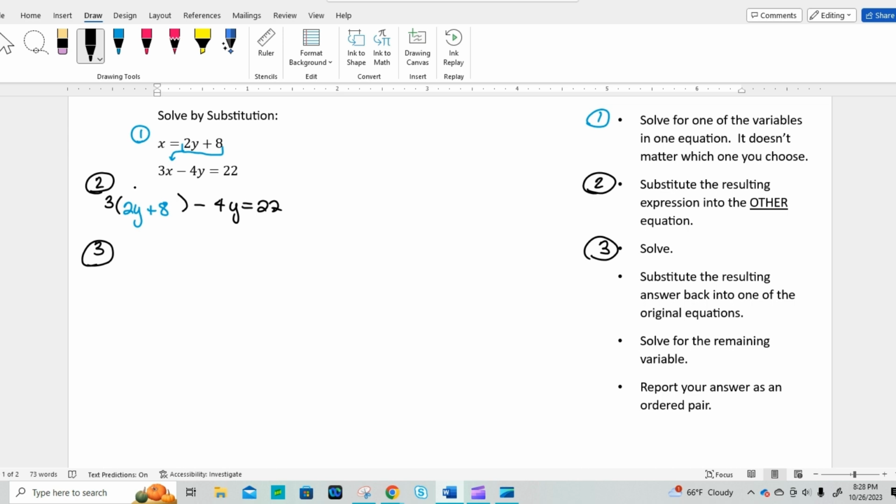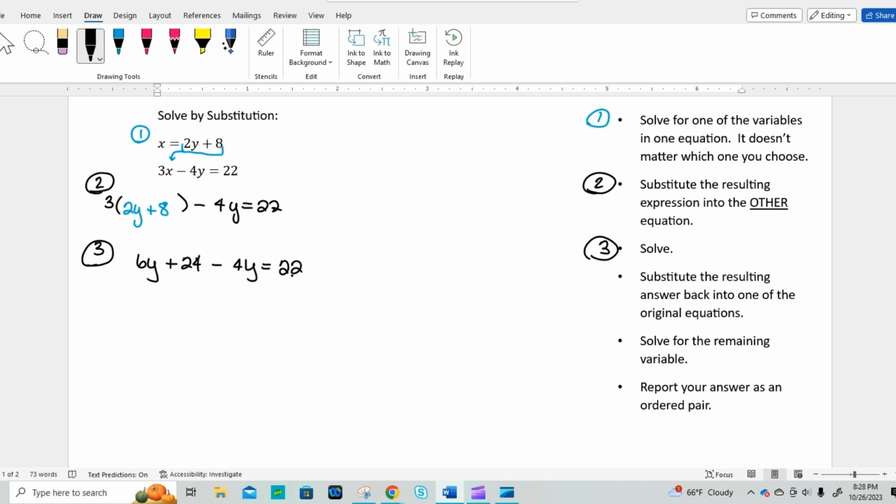So I'm going to distribute my 3 and get 6y plus 24 minus 4y is equal to 22.